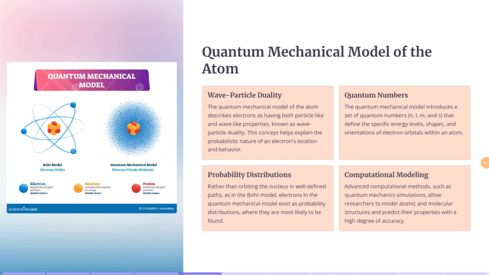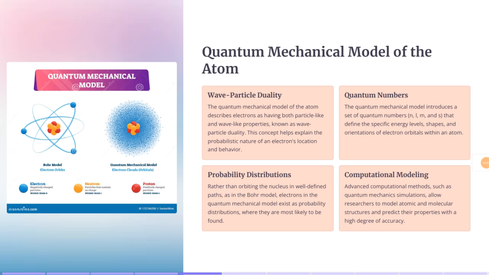Quantum mechanical model of the atom. Wave-particle duality. The quantum mechanical model of the atom describes electrons as having both particle-like and wave-like properties, known as wave-particle duality. This concept helps explain the probabilistic nature of an electron's location and behavior.